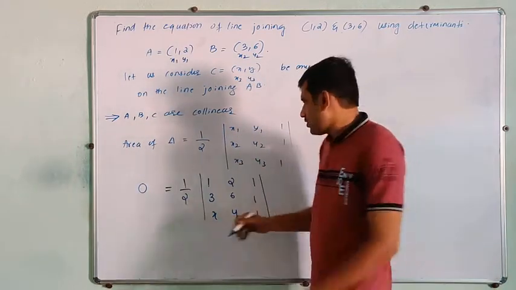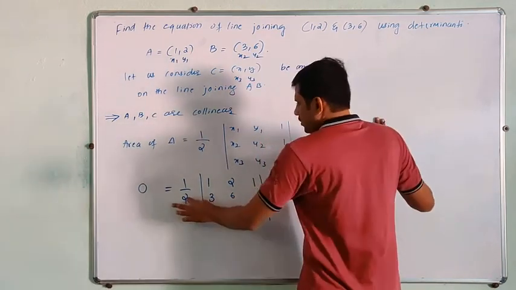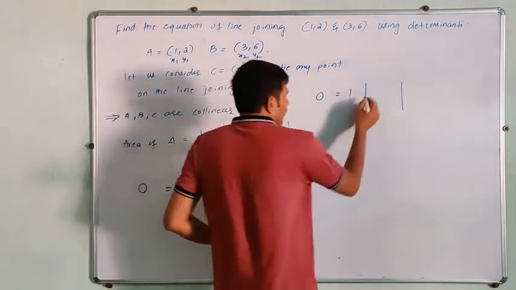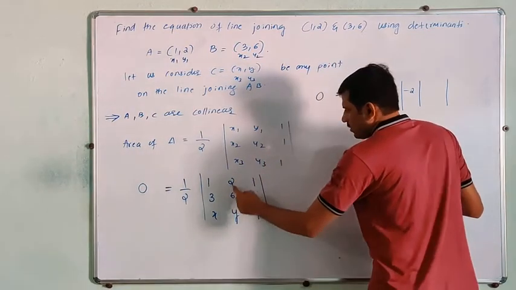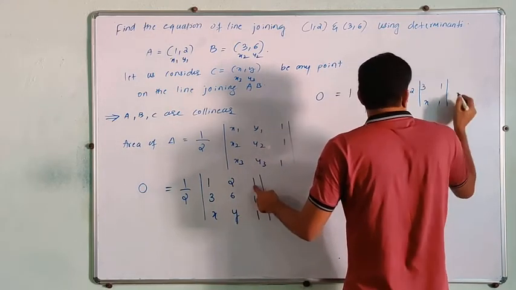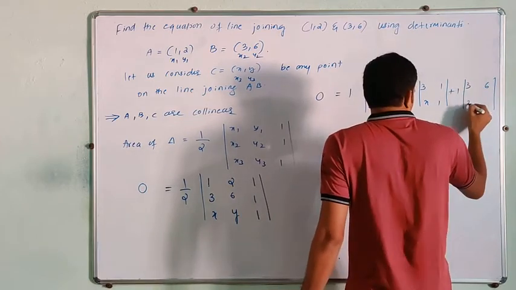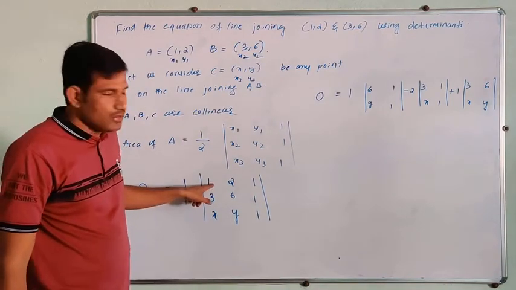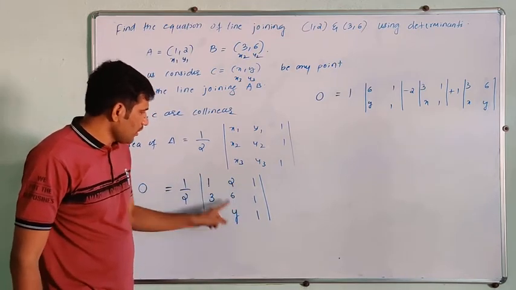What is left here? You can expand along the row. So that is 1 into the determinant of the remaining, leaving this column and this row: 6, 1, y, 1. Next, minus 2 into the determinant, the sign is minus, leaving this column and this row: 3, 1, x, 1. Then plus 1 into the determinant leaving this column and this row: 3, 6, x, y. Is it clear, students? So cross multiplying this 2, 2 into 0 is 0, and I am expanding: 1 into (6, 1, y, 1), minus 2 into (3, 1, x, 1), plus 1 into (3, 6, x, y).